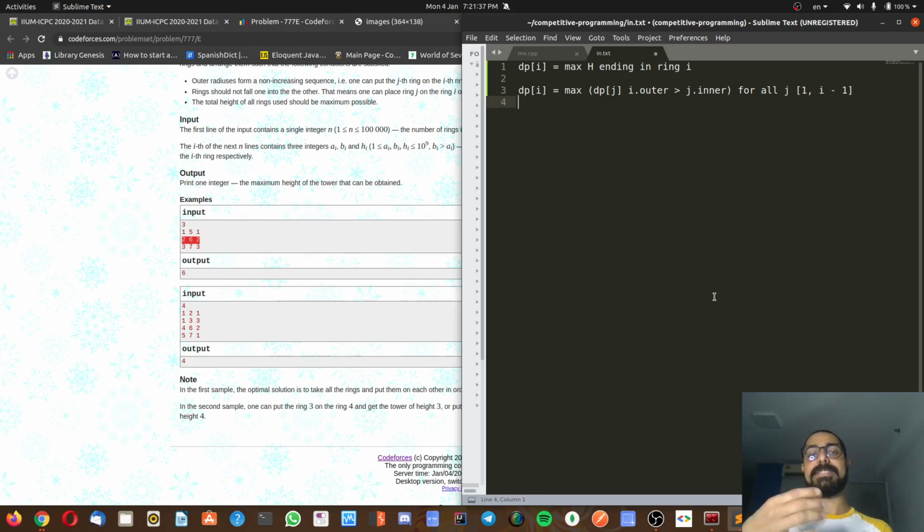So I can only stack a ring if its outer radius is greater than the inner radius of the previous ring.